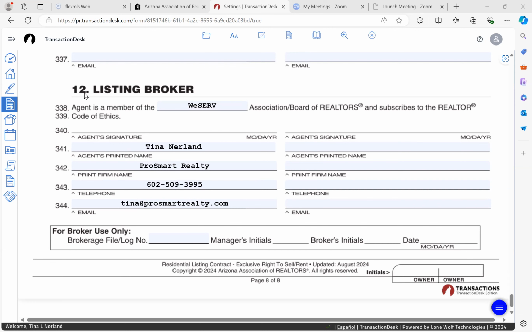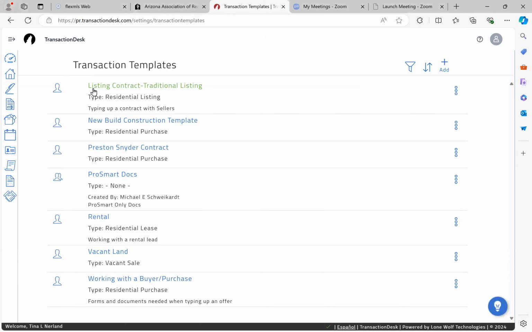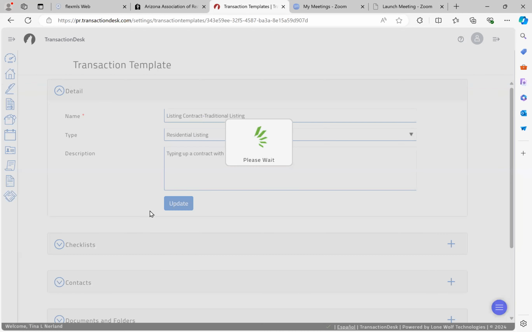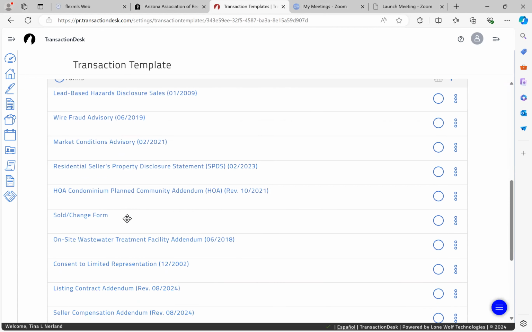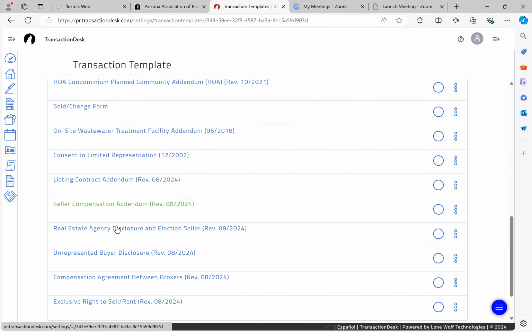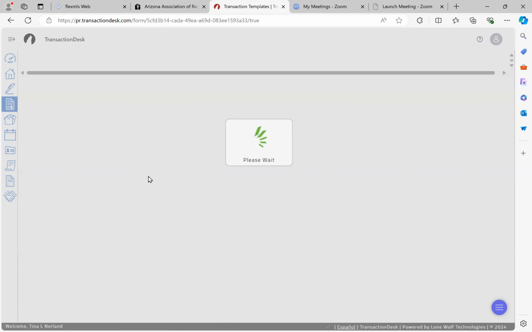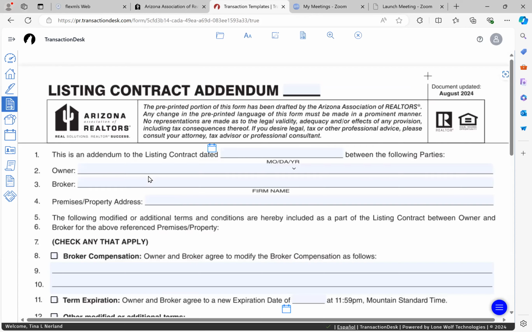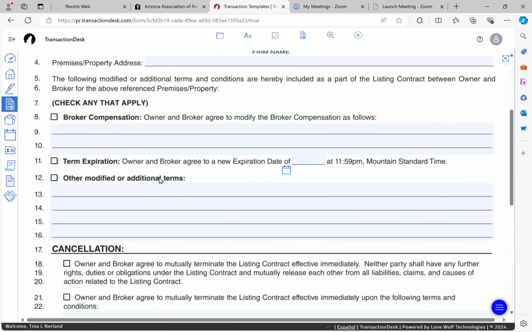Oh, listing contract addendum, that was on there. Okay. Let's cover that real quick. So if you have not done so, make sure you watch the video that Dale and broker Mike sent out. This listing contract addendum is going to replace the sold change form because it does everything that we need that did, and this is more updated. So if you need to change your broker compensation and you're not already under contract, you change it on here.